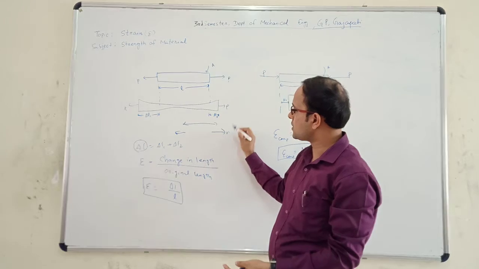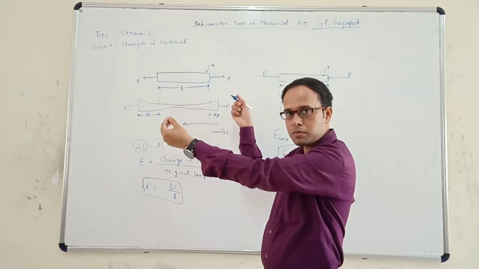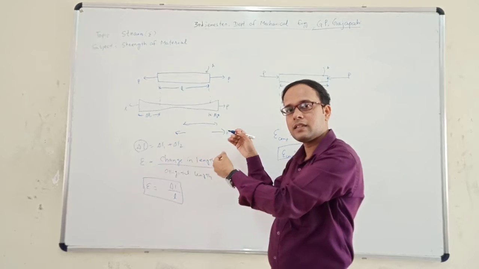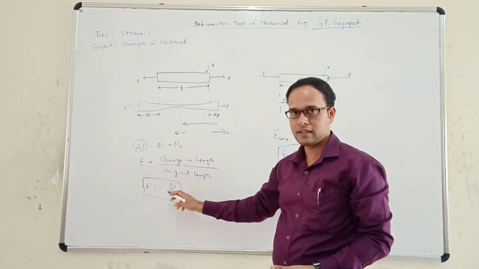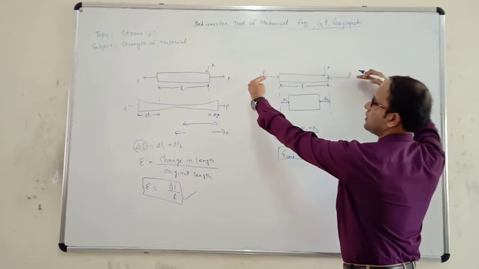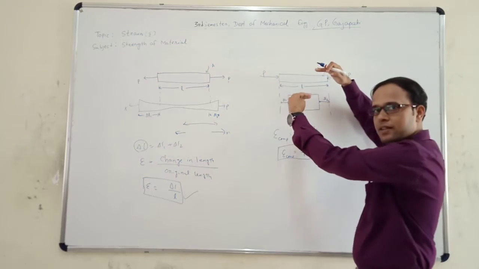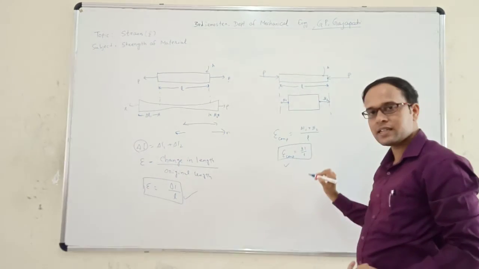If the change in dimension and original dimension are in the direction of application of force, then that is taken as linear strain. This is linear strain. Here we are also taking the change in dimension along the direction of application of force. This is also linear strain.